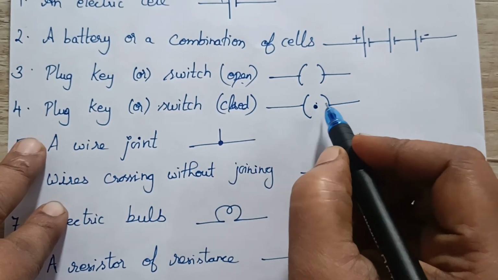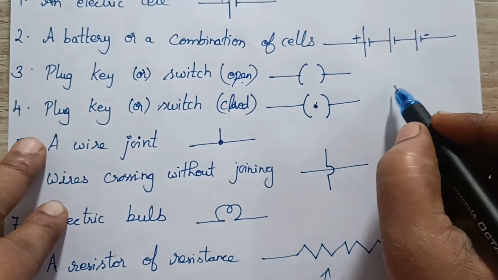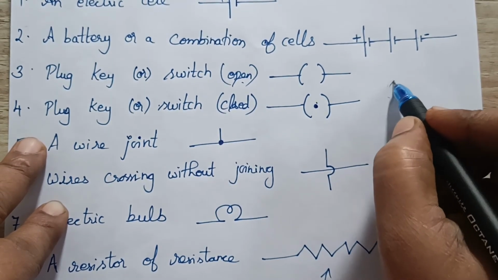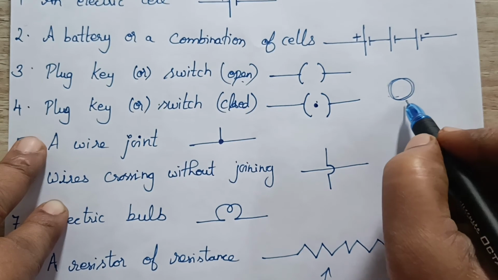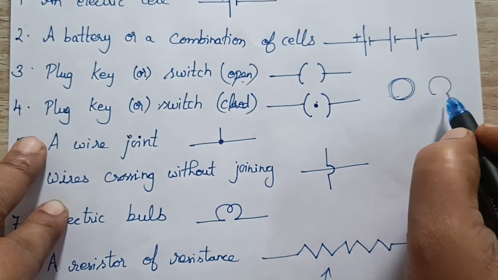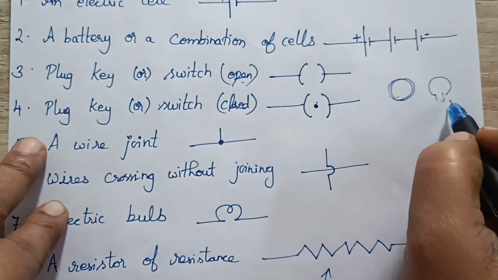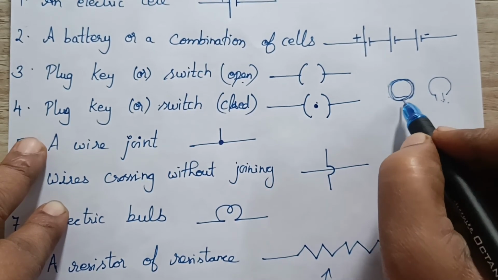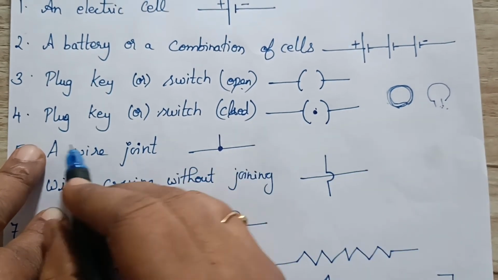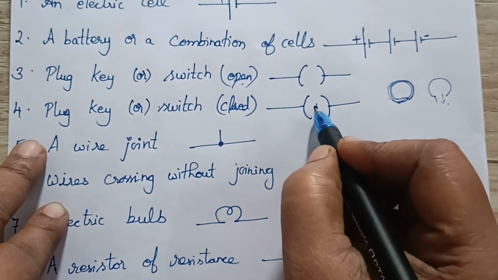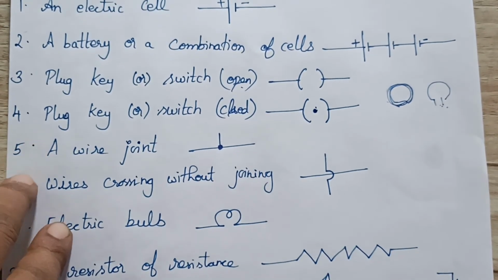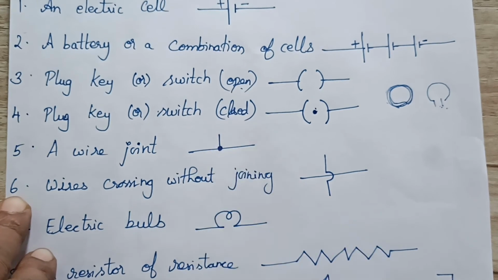Switch closed means the path is closed, so you will have a continuous flow of current. If it is open, the link is missing, so the flow of current will not be there. So it should be closed. A plug key or switch closed is represented by this. This is a closed circuit.